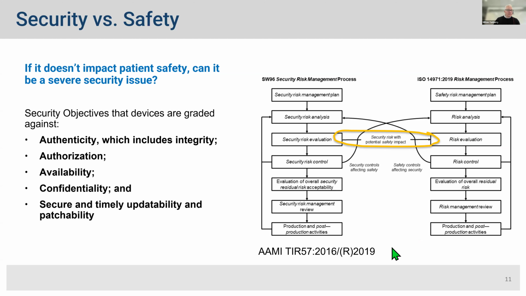And of course, the answer is it depends, and you have to take a look at security objectives, which is what the FDA is looking for: authenticity, which is about identifying the users or the endpoints; integrity, which is that communication or information isn't corrupted or repurposed; authorization, which is a notion of roles and/or permissions; availability of the system; the confidentiality of protected health information or other technology secrets; and secure and timely software updates.